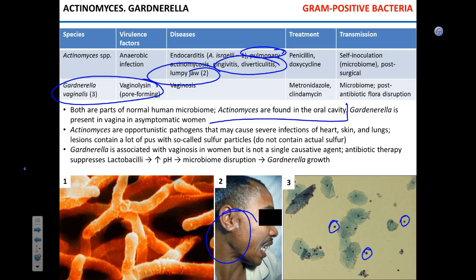And it's still not settled whether Gardnerella by itself can cause vaginal inflammation or it is just associated with vaginal inflammation in the future. Does that make sense? Okay. So, no virulence factors for these two guys. Don't worry about that. Just know Gardnerella is associated with vaginal discomfort, and actinomyces with mostly the subcutaneous lumpy jaw infection, and pneumonia.